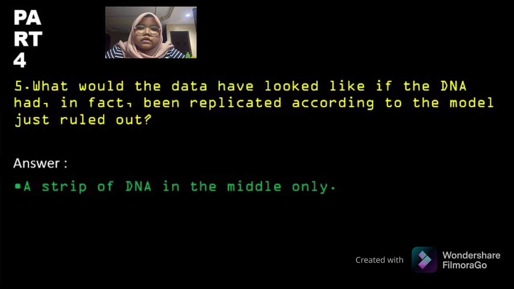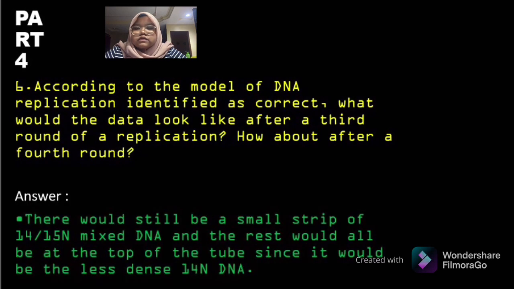Next question. What would the data have looked like if the DNA had in fact been replicated according to the model just ruled out? So the answer is a strip of DNA in the middle only. So moving to the last question.